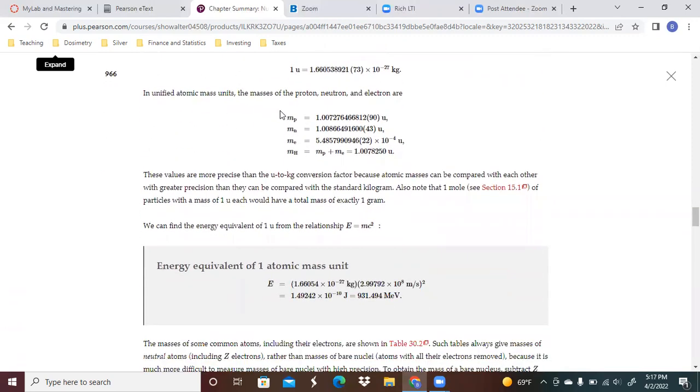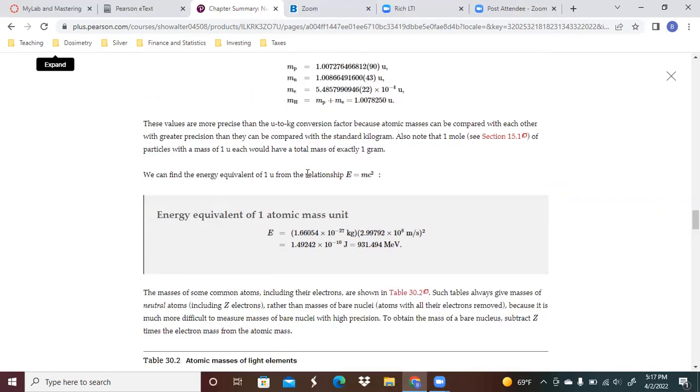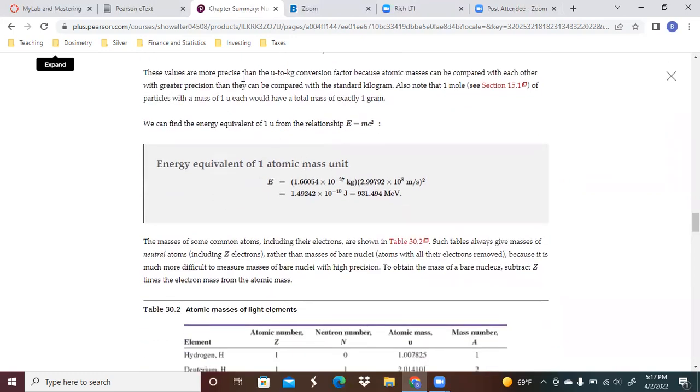In unified atomic mass units, the masses of the proton, neutron, and electron are all listed here. These values are more precise than the atomic mass unit to kilogram conversion factor, because atomic masses can be compared with each other with greater precision than can be compared to the standard kilogram.